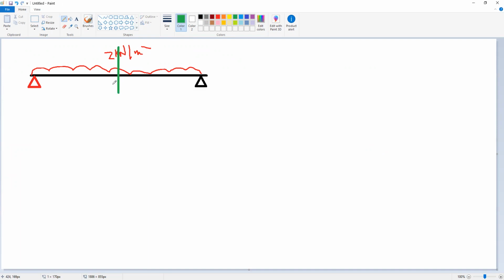And the reactions we got are 5 kilonewton here and 5 kilonewton here. And this distance is 5 meters.